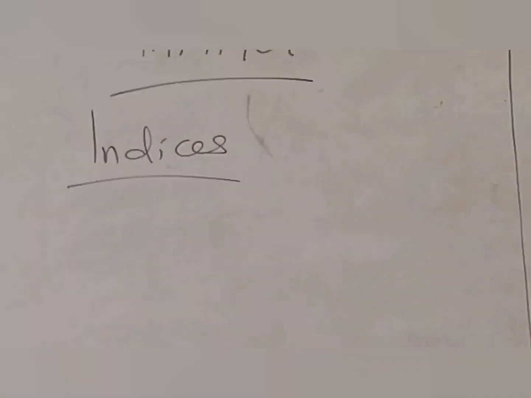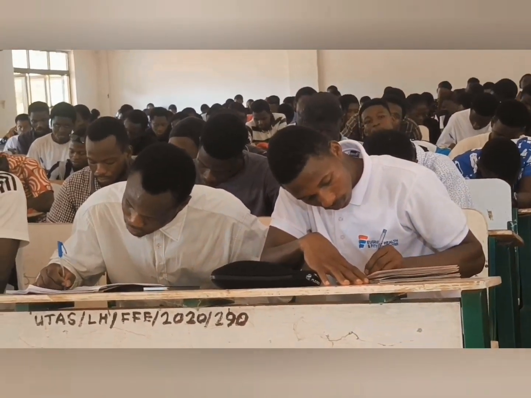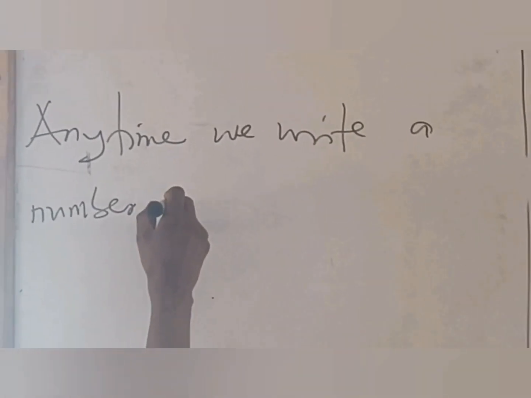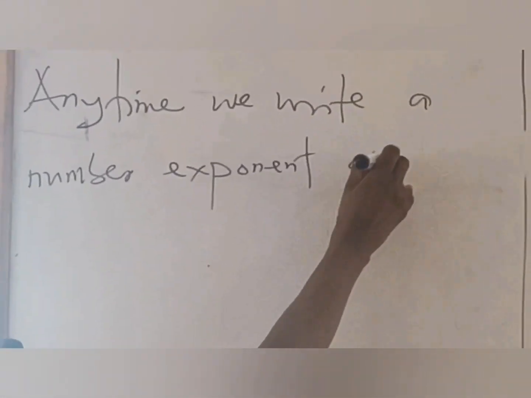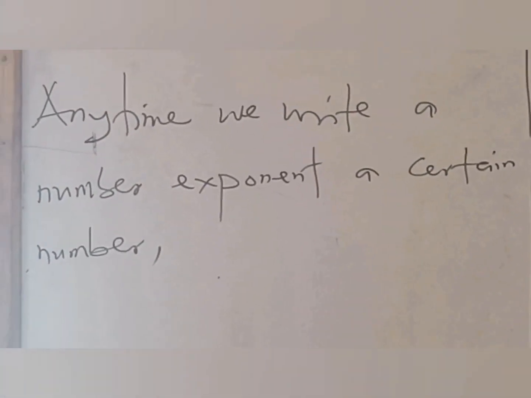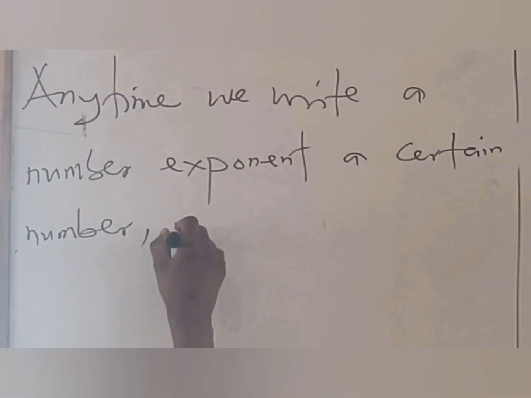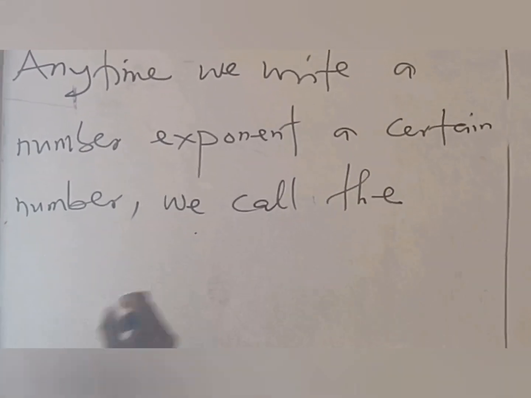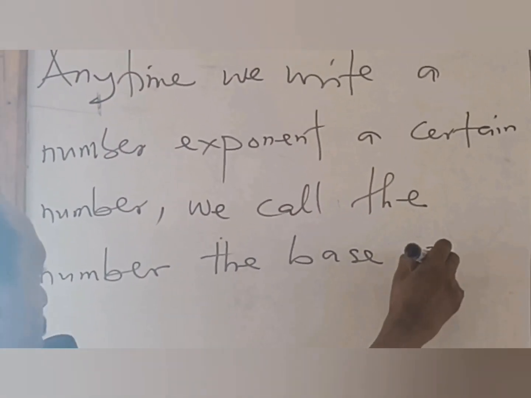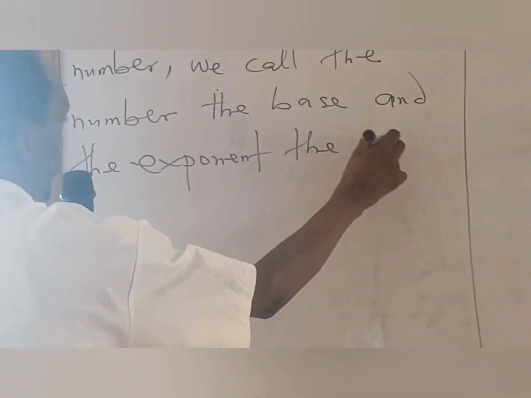Indices. Anytime we are writing it on the board, a number with an exponent, a certain number, anytime we write a number, exponent a certain number, we call the number the base and the exponent the index.